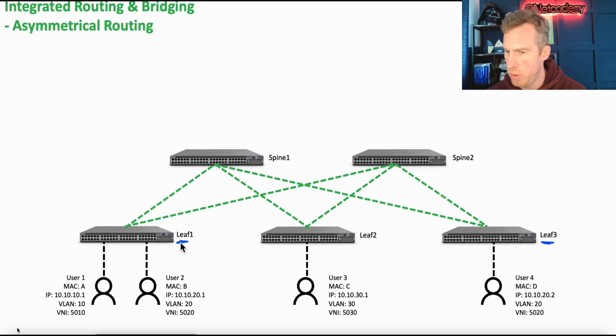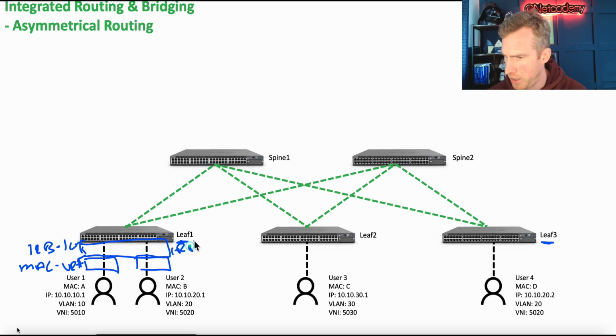But what we do have is this MAC-VRF. As we know, that is just storing the MAC addresses for all those tenant servers within that virtual domain, that subnet, whatever it may be. And then we've got this IRB interface, so IRB.10 for VLAN 10 and IRB.20 for VLAN 20.